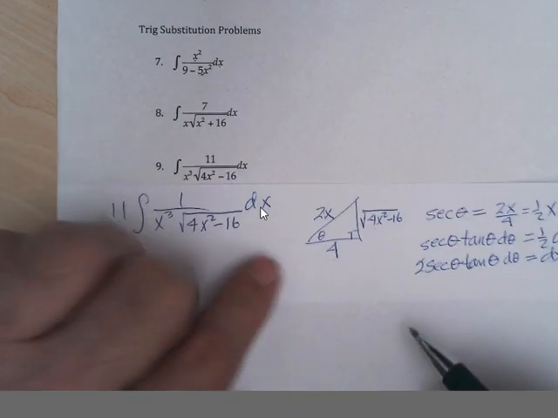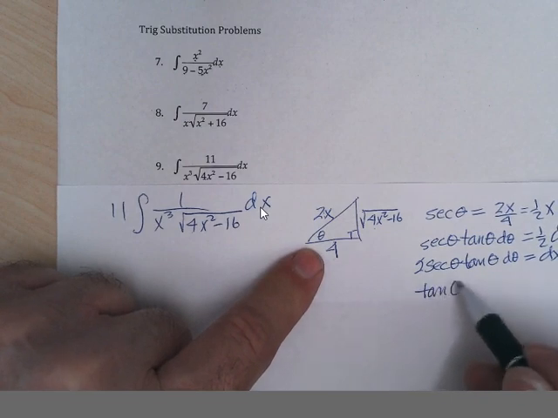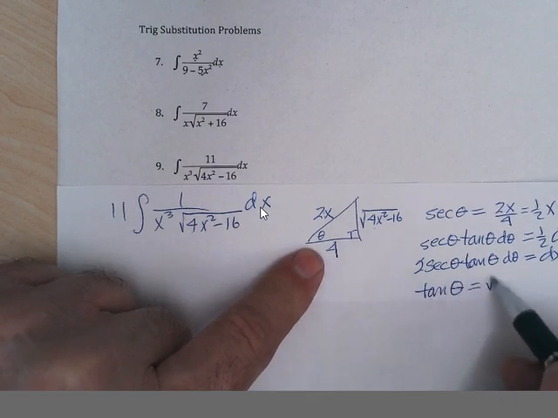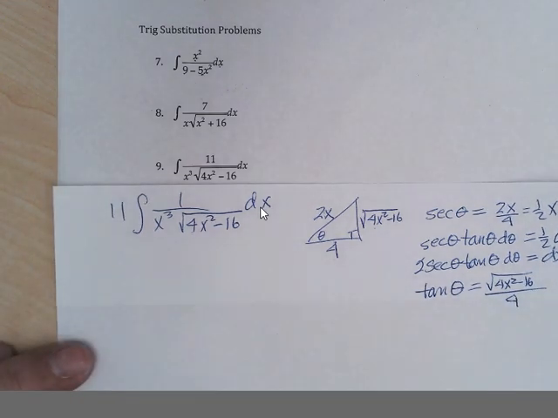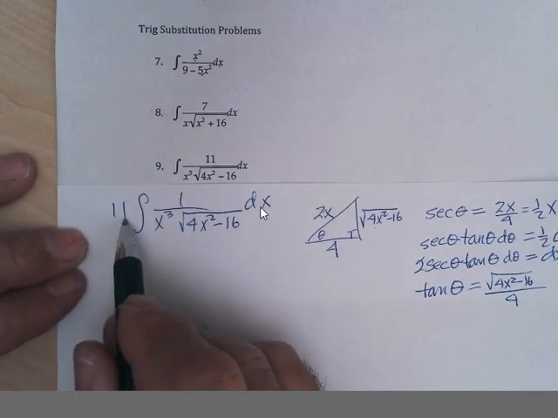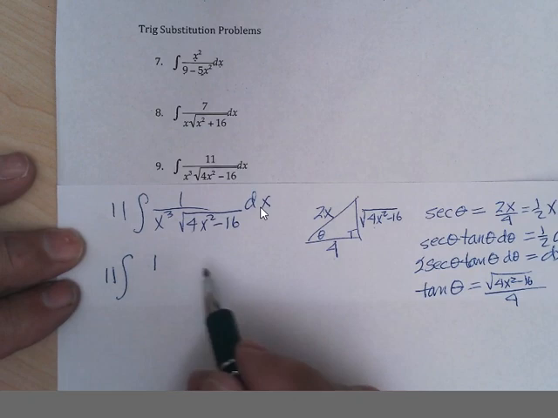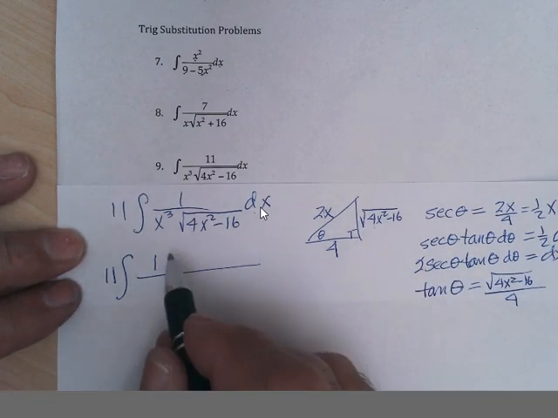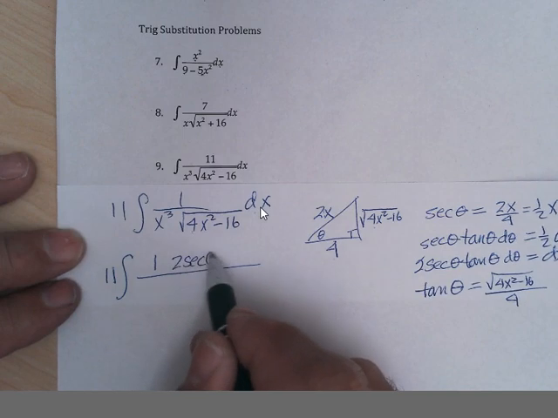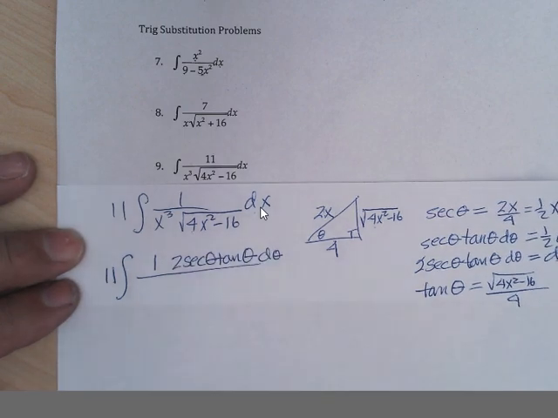An expression for the messy, doing it this way: the tangent of theta is the messy over the 4. And so this becomes 11 antiderivative 1. The dx is 2 secant theta tangent theta d theta.